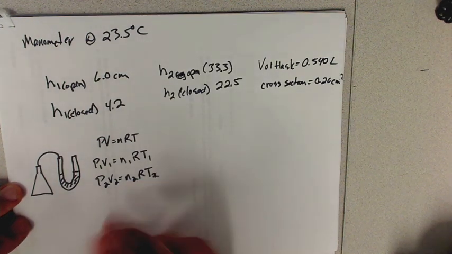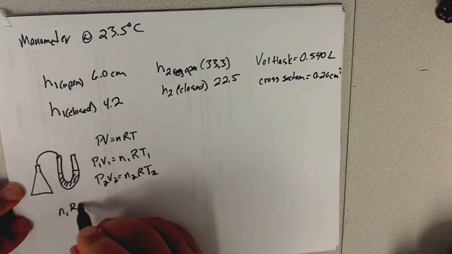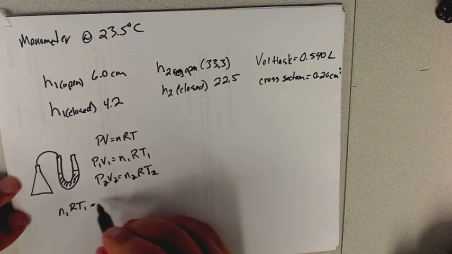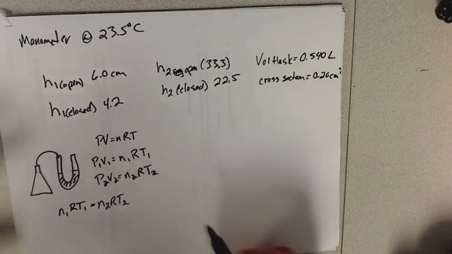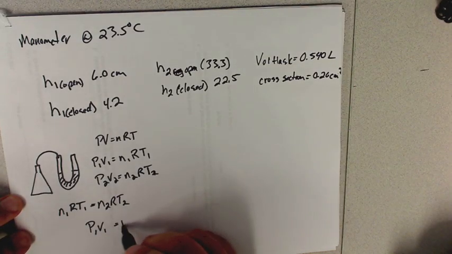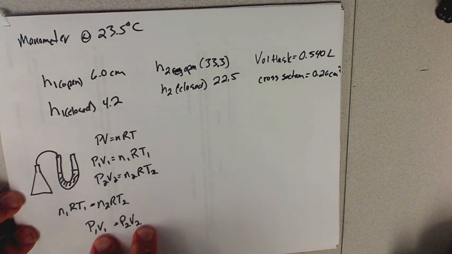In this case, the number of moles is not going to change, the gas constant is not going to change, and the temperature is not going to change. Those are all going to be the same at both states. So that allows us to simplify back to the standard rule of P1V1 equals P2V2.